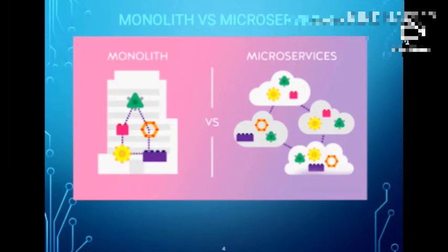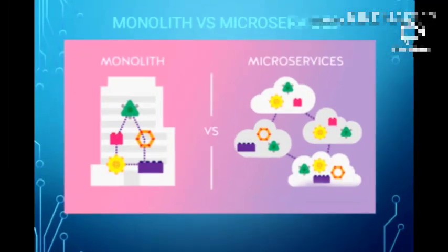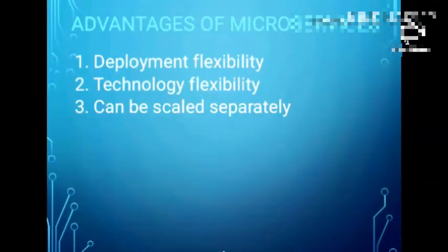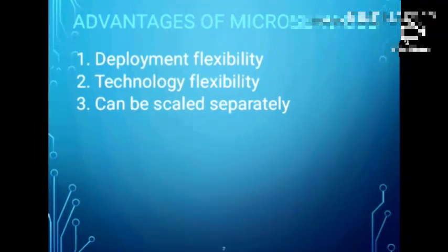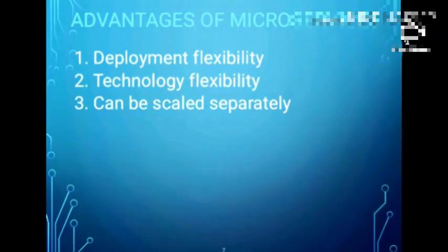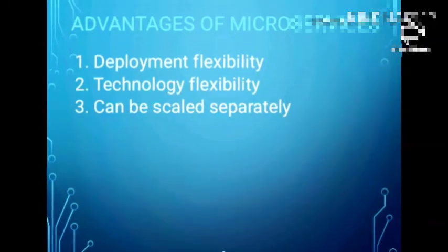Okay, so right now, let's talk about the advantages of microservices. No worry, stay cool. I will come back to monolithic architecture. So, one of the advantages of microservices is deployment flexibility. What does deployment flexibility mean?